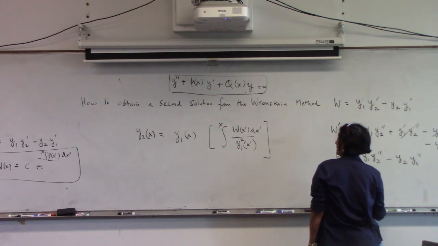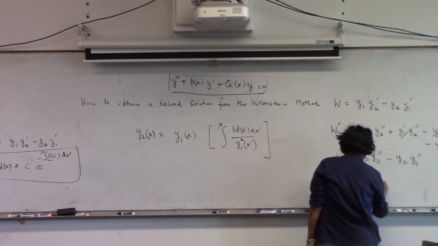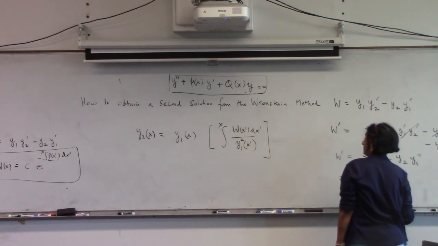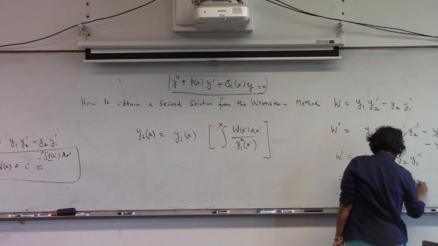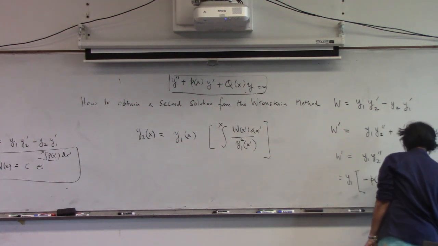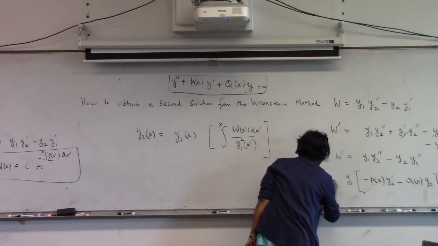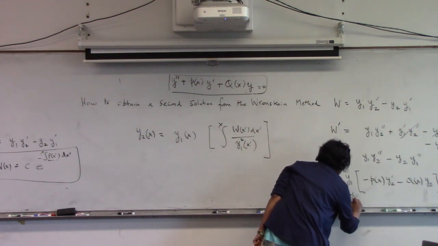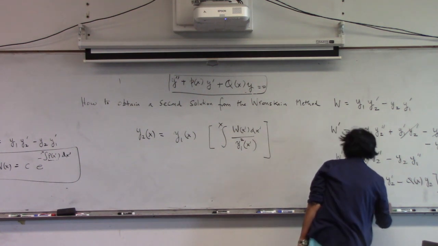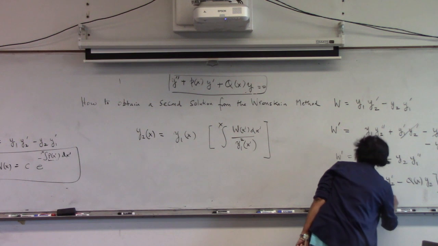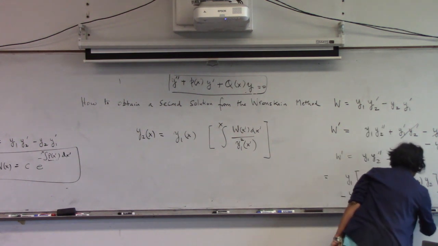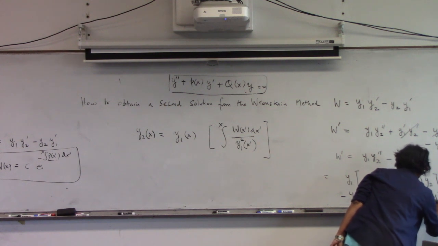So y2 double prime is nothing but minus p(x) y2 prime minus q(x) y2, and y1 double prime is minus p(x) y1 prime minus q(x) y1.